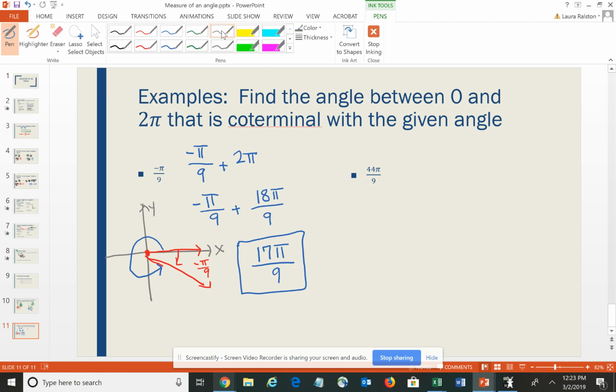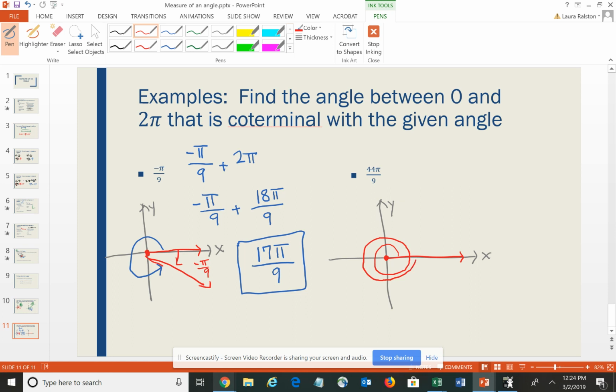And then 44 pi ninths. Okay, so let's see if I can sketch you a quick graph here. 44 pi ninths. I can kind of tell that it's at least more than a full revolution. I would have the initial side. In terms of ninths, one full revolution would be 18.